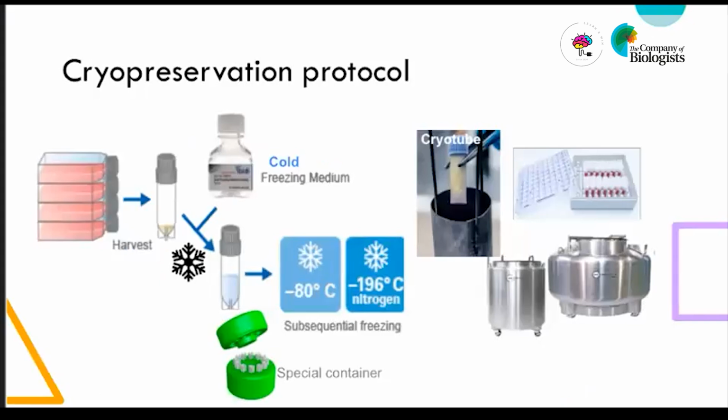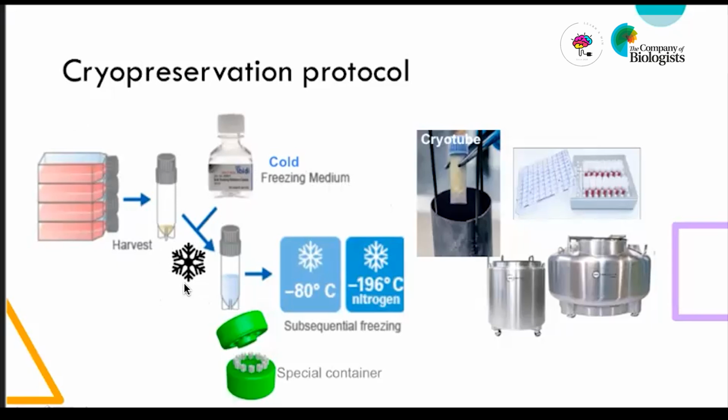This is the protocol. Put the cell pellets, about 4 or 5 million cells, on the ice and resuspend them with cold freezing medium; it's very important that it's cold.